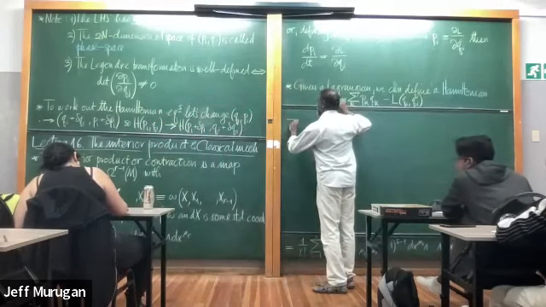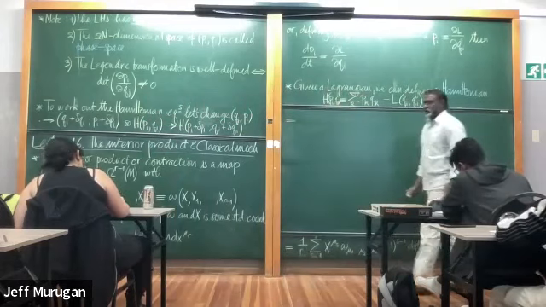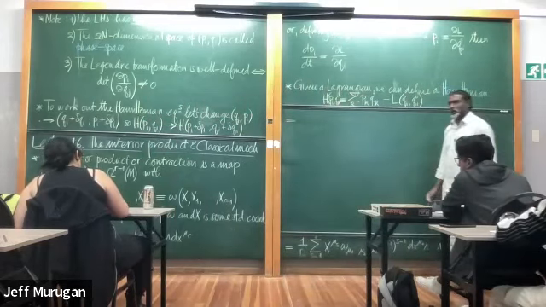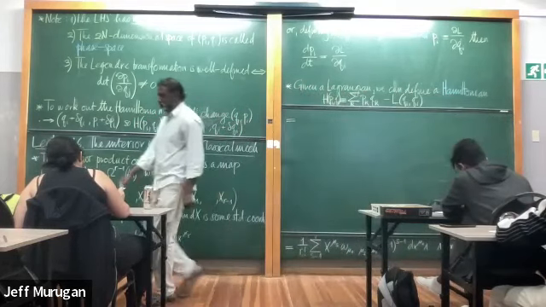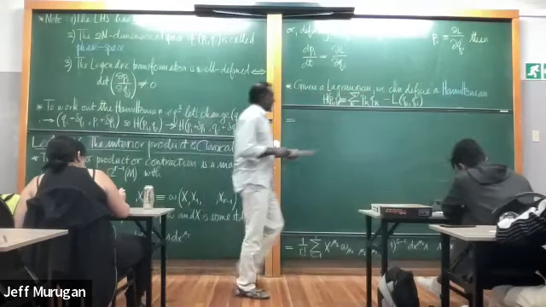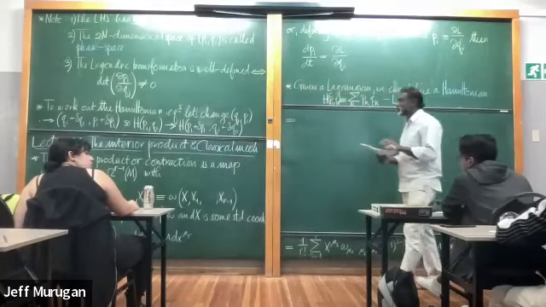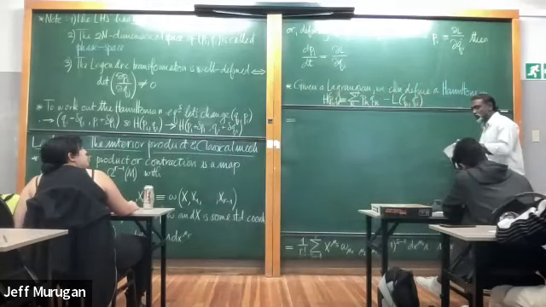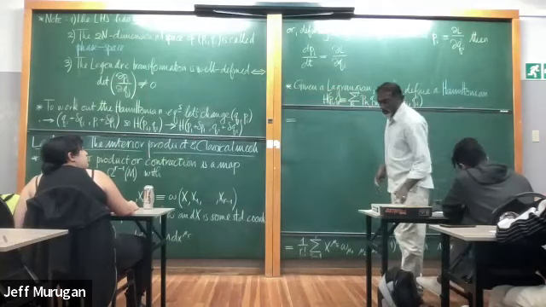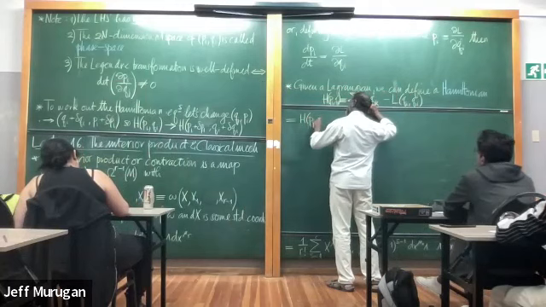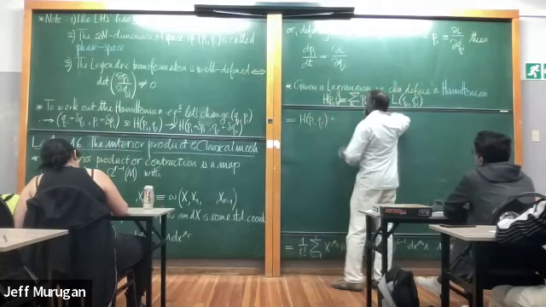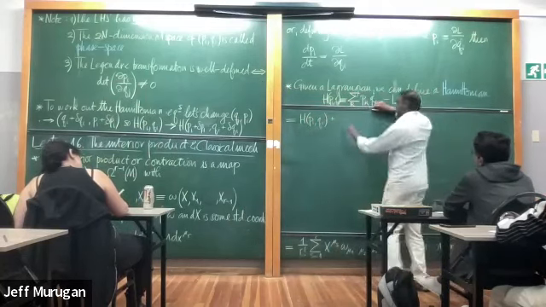And then treating this as a function of 2n variables, I can just use the chain rule and Taylor expansion.